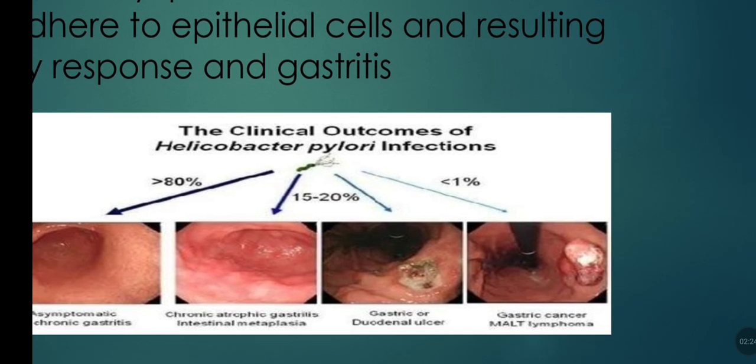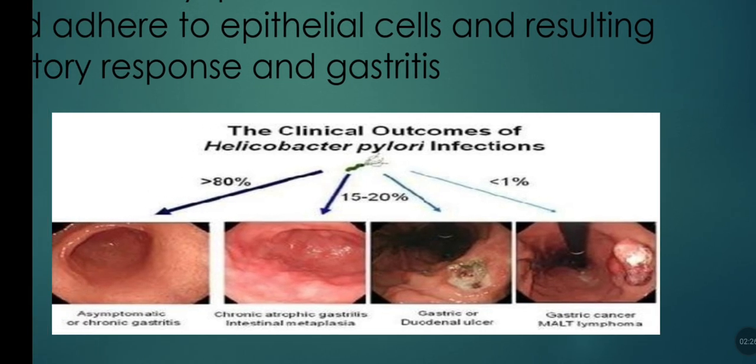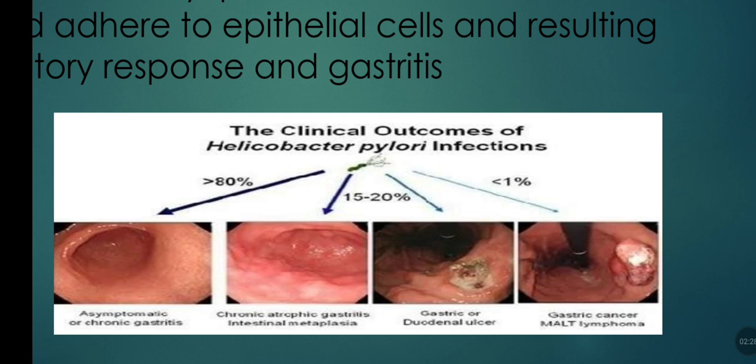As you can see here, we have four pictures of four cases. In the first one from the left, we can see asymptomatic chronic gastritis, and we can see some reddish color, like a protective mechanism from this bacteria.